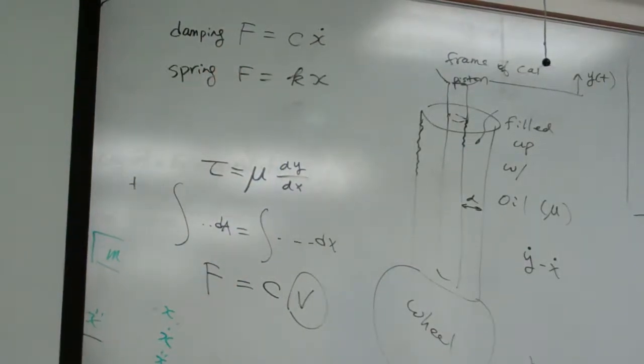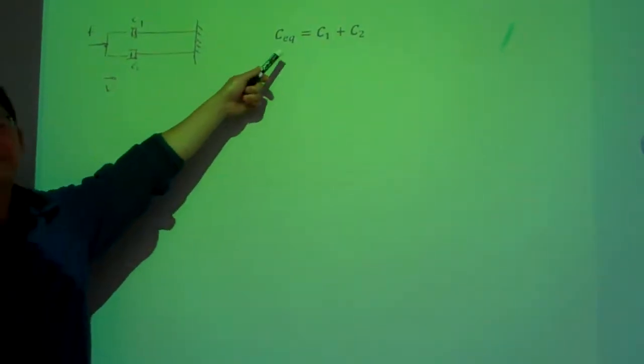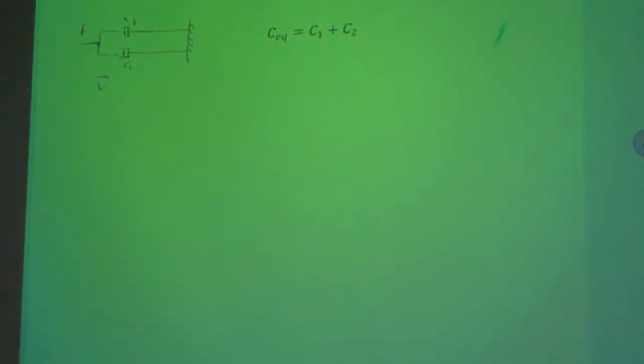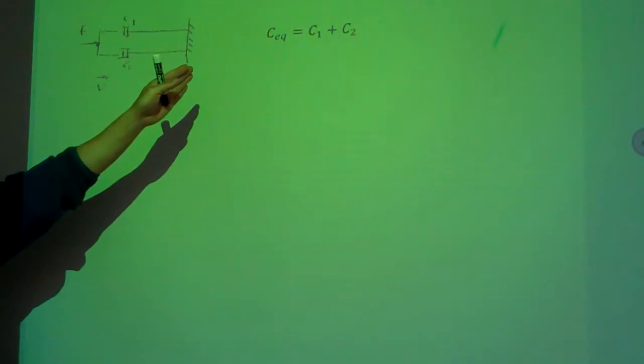Let me skip the details. We simply pick up for parallel, then we have the same thing here. So the same exercise applied from the spring to dampers. How do we determine whether a connection is in serial or in parallel? If that connection is in parallel, then for both components, they have the same displacement, right?